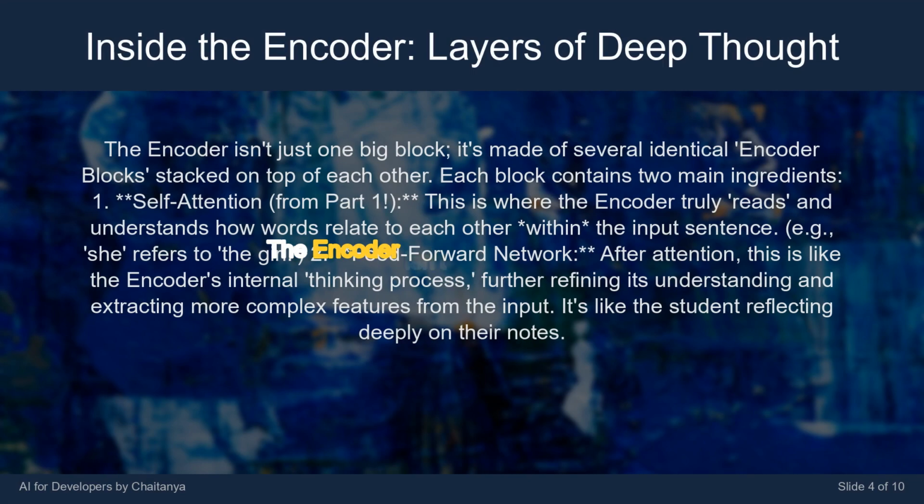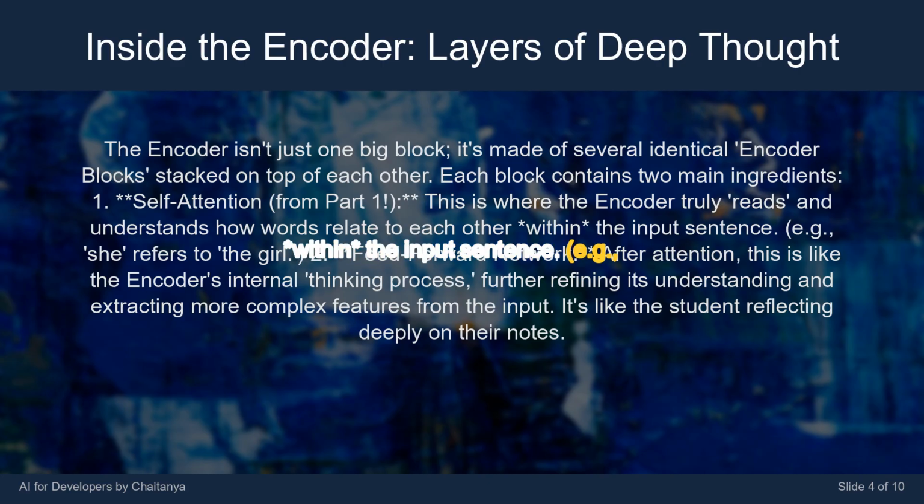The encoder isn't just one big block. It's made of several identical encoder blocks stacked on top of each other. Each block contains two main ingredients. 1. Self-attention. From Part 1, this is where the encoder truly reads and understands how words relate to each other within the input sentence.